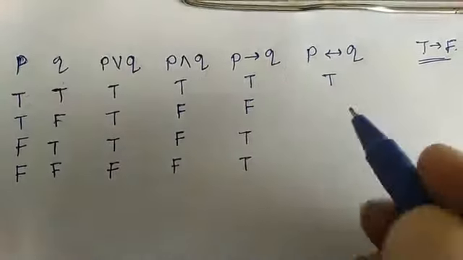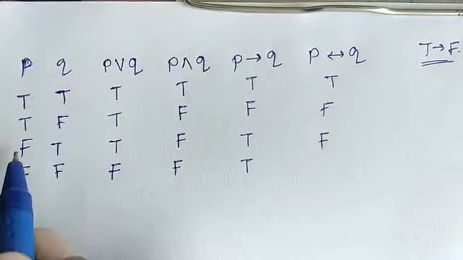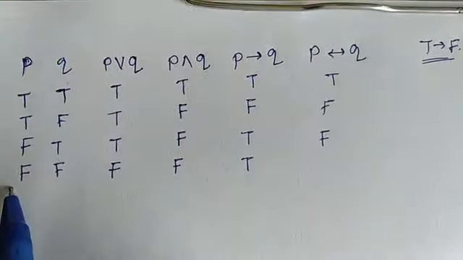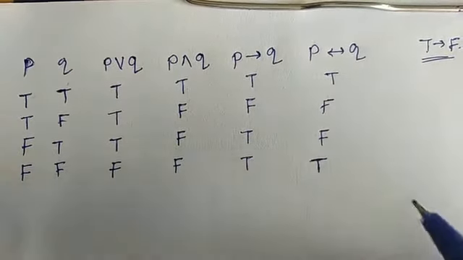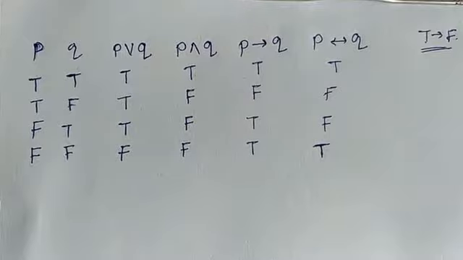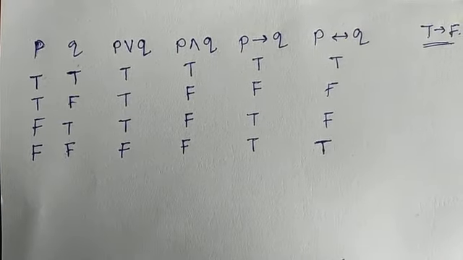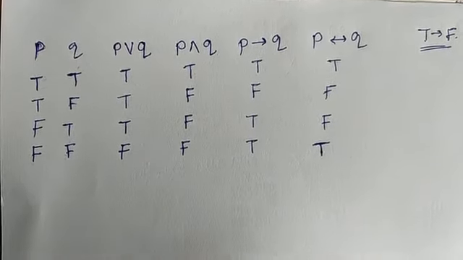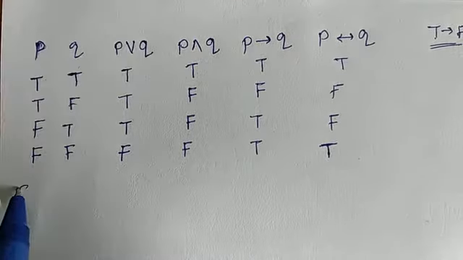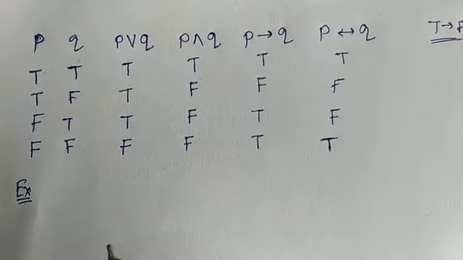Here one is false, so you can write false, and next it is false true, it will be again false, and here both are false, you can write it as a true statement. So in the last lecture we have seen all these truth tables related to logic connectives. Now in this lecture we will study examples based on these truth tables.